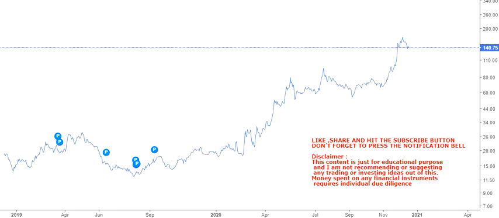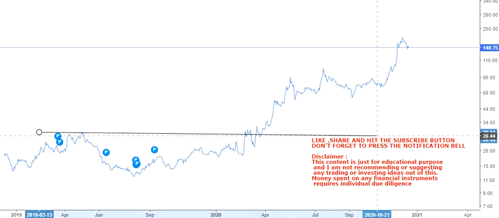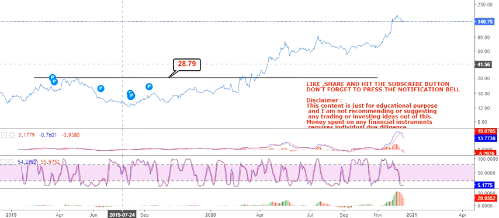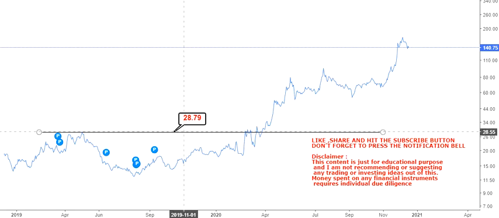So first of all, I'll move to the line chart, and as you can see here, this line was working as a resistance line, at $28.79, and since its breakout the stock has been moving higher.